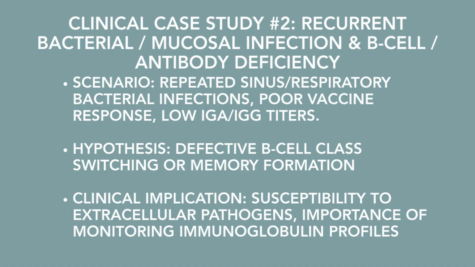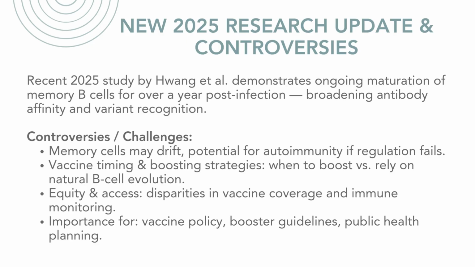After reviewing these case studies, I want to swing over to recent discoveries and talk about how the immune system and immune memory evolve. This is a recent study that I researched and found. This is a research update, and it also has implications. A 2025 study by Hong Wang and colleagues found that memory B cells continue evolving for more than a year after a viral infection. Their antibodies become more diverse and higher affinity over time.